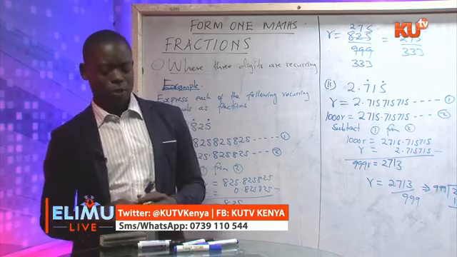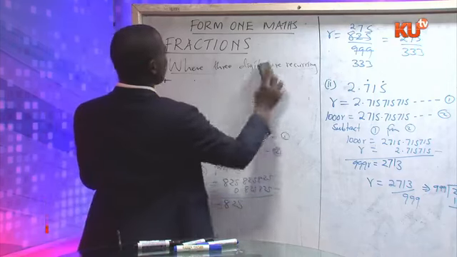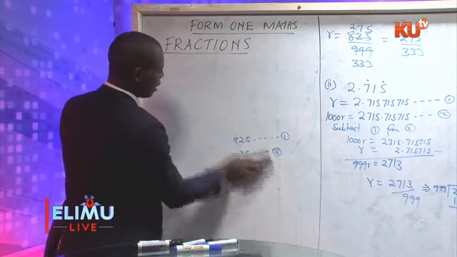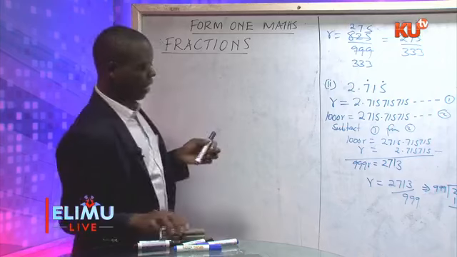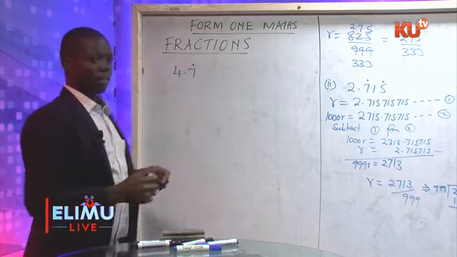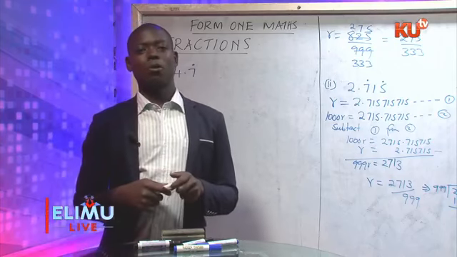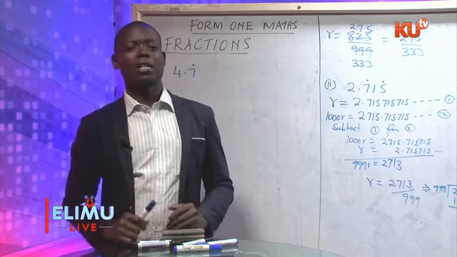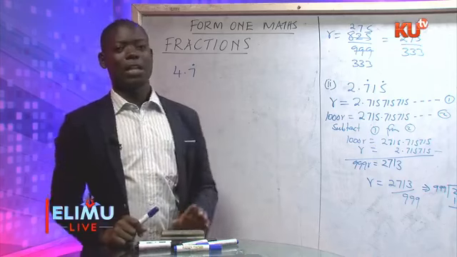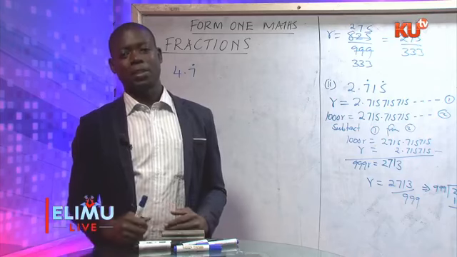And we've said that you represent recurring decimals by writing a dot on top of the digit recurring. So if a digit is, for example, 7 is recurring in a number 4.7, then you put a dot on top of 7. And you'll find in a recurring decimal, the digits that are repeating will always be after the decimal place. There's no way where 4 will be recurring. So you only put it after the decimal point.